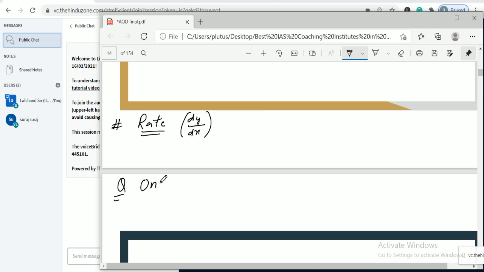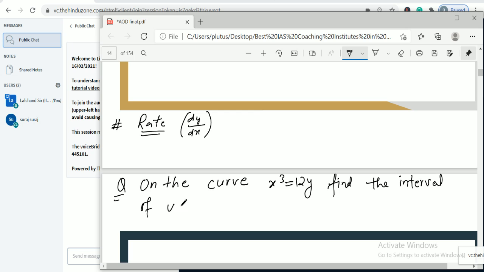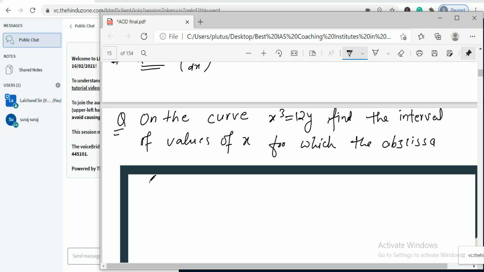on the curve x cube equal to 12y, find the interval of values of x for which the abscissa changes at a faster rate than the ordinate.